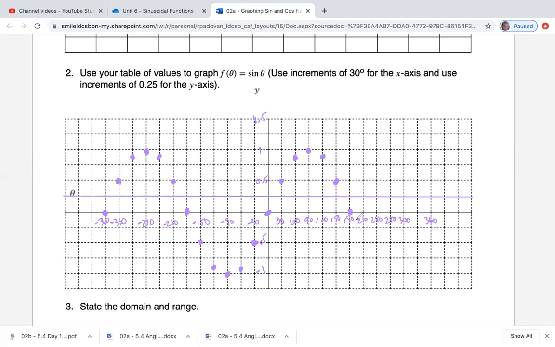And then 210 and negative 0.5, 240 and negative 0.9, 270, right, was at negative 1, 300 and negative 0.9, 330 and negative 0.5, and then 360 and 0. So this is the x-axis here, right? This is theta.